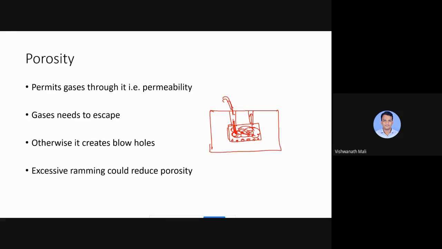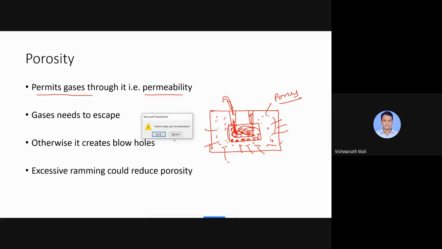Now what is porosity? Whatever molding sand we have prepared should be porous enough so that whatever bubbles or air is trapped should vent from this molding sand. Porous means it should permit gases to escape. I will explain this again with an example so that you can understand.